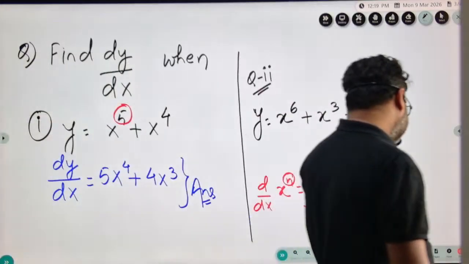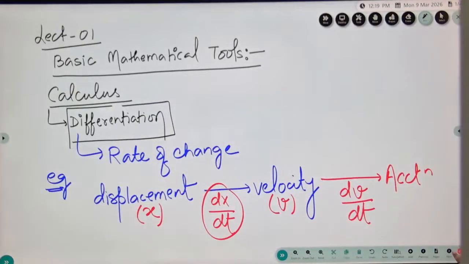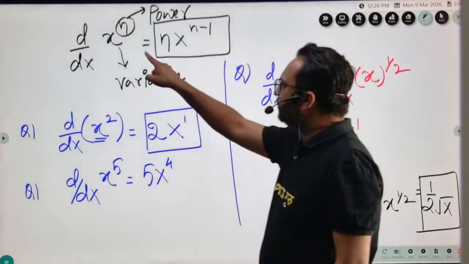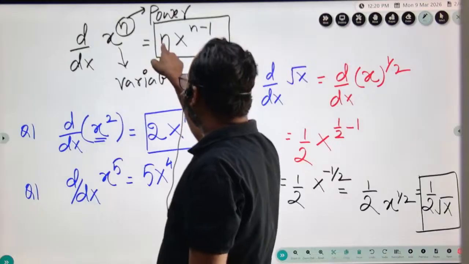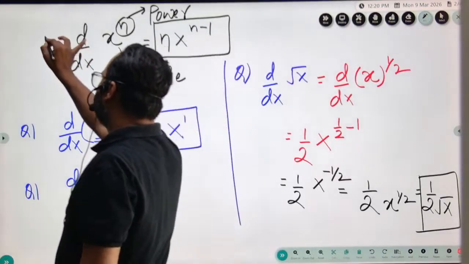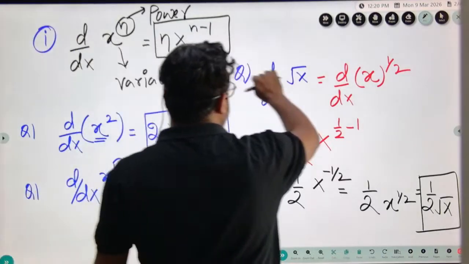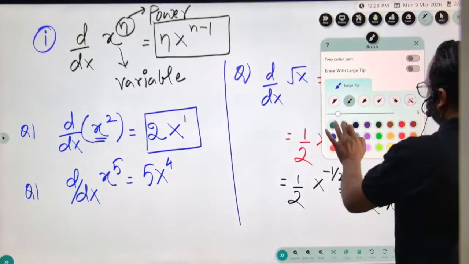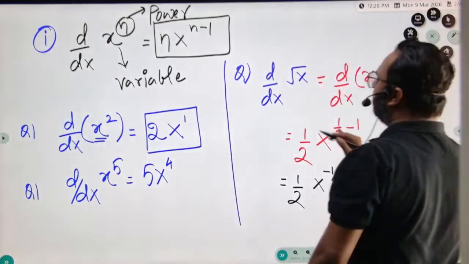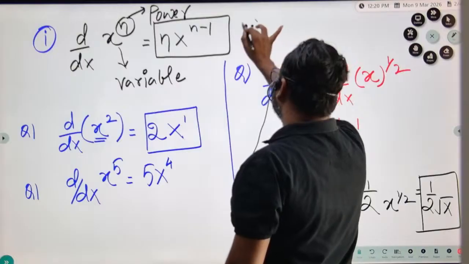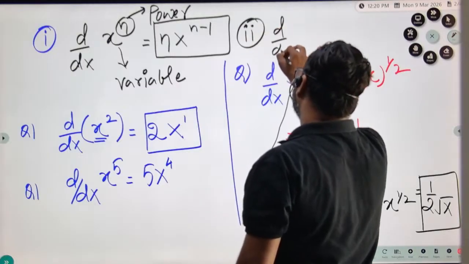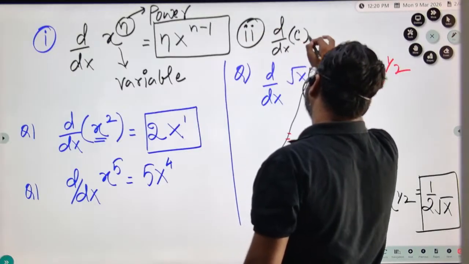Similarly, now the first formula. What is the first formula? d by dx of x raised to the power n is what? n x to the power n minus 1. This is the first formula. Second formula: d by dx of a constant is always 0.